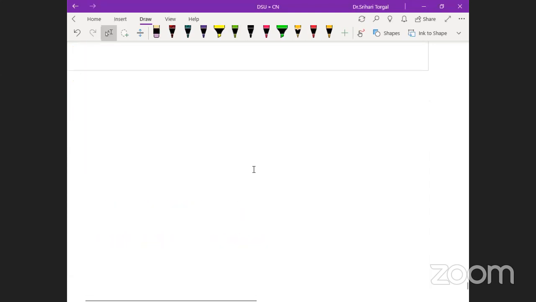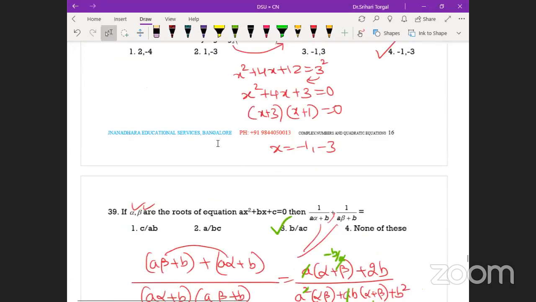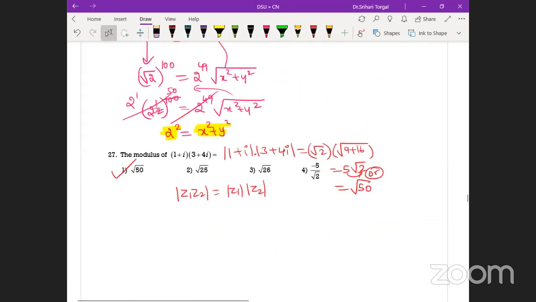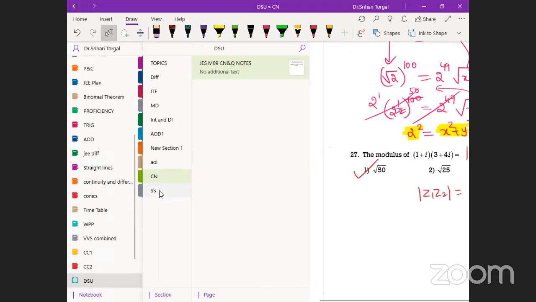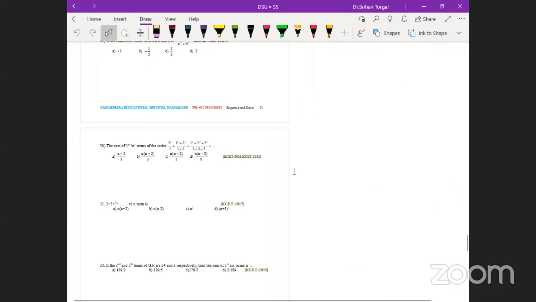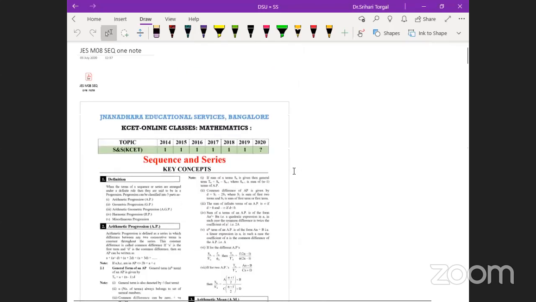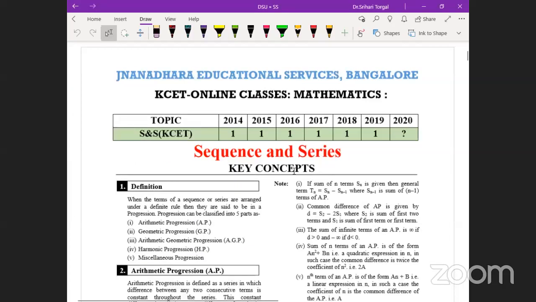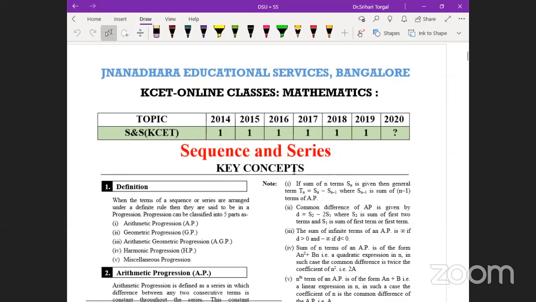So that's all from complex numbers. Now we will move on to our next topic, that is sequence and series. We have completed our complex numbers and quadratic equation. Now it is sequence and series. You can see the weightage here.